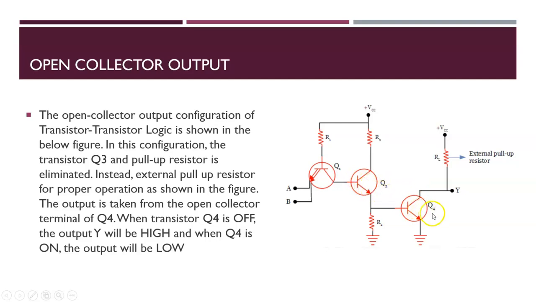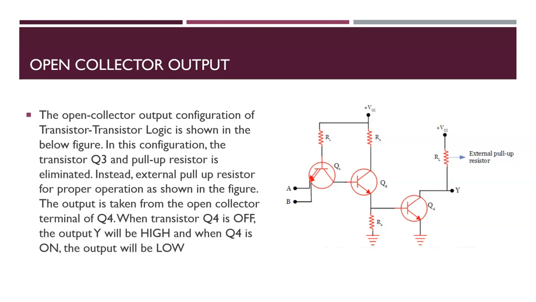When Q2 is off, Q4 is off, and the output is equal to VCC, which is taken from this. So the circuit working would be the same thing over here. Very simple. Output is taken from the collector of the output transistor. This is called an open collector. So the open collector output configuration of TTL is similar to your totem pole configuration.